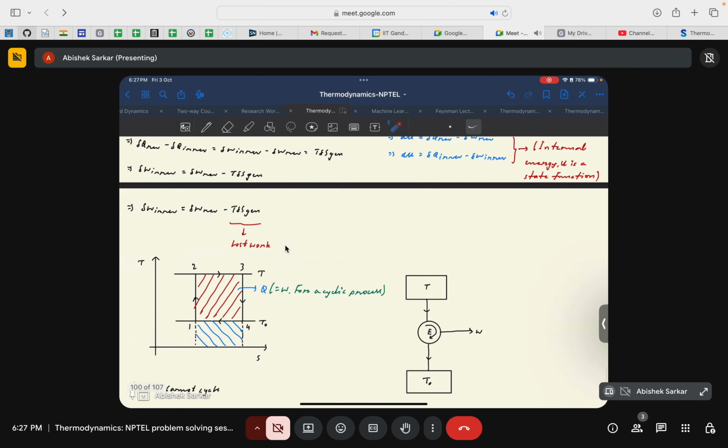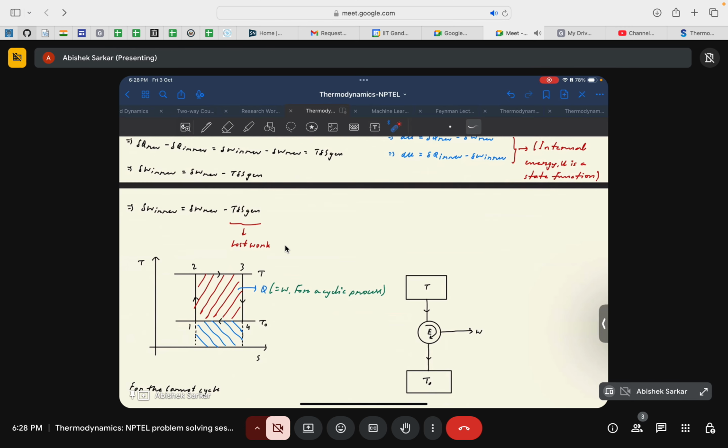So we mentioned that the work in the case of, say, a turbine, we saw that the work produced through an irreversible path was lower than the work produced by the reversible path, and that's why it is shown that there is a work loss in the case of an irreversible process.